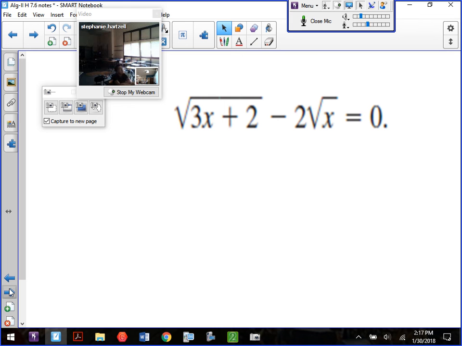All right. The square root of the quantity 3x plus 2, minus 2 root x, is 0. What do you guys do first?